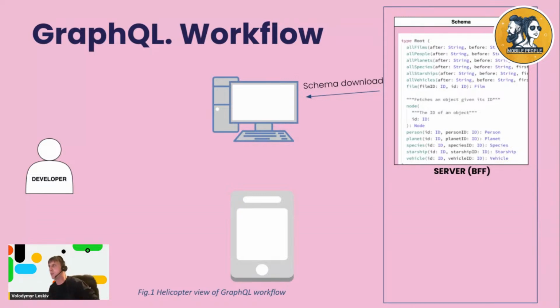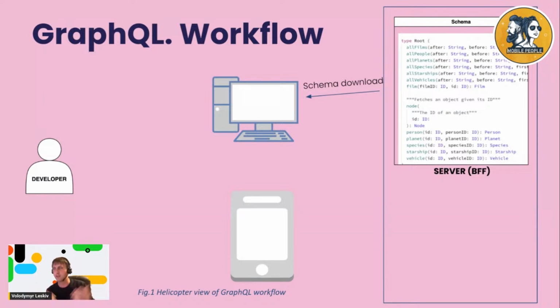navigate, and so on. Okay, so this schema needs to be downloaded to your development environment, because okay, you have some cool schema, but what, you need to copy paste it? No, it's usually just downloaded into your development environment. In Android we have a specific Gradle task for this.